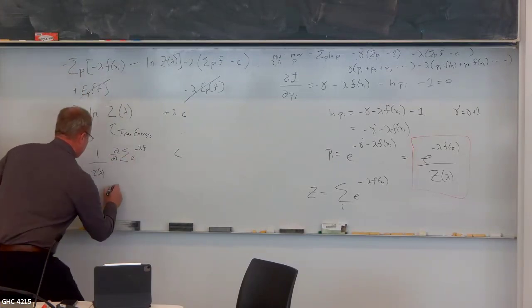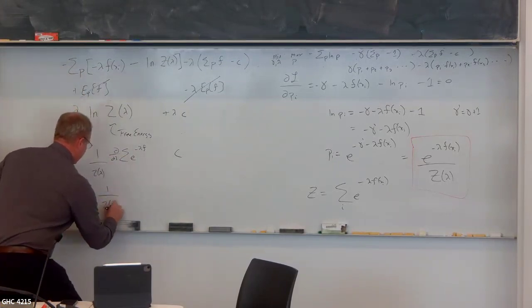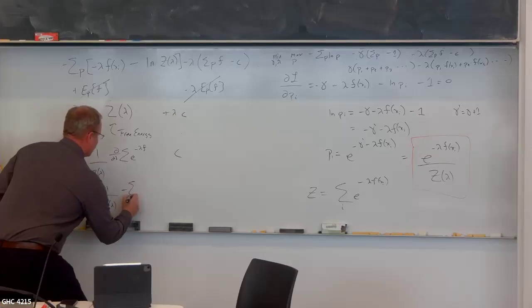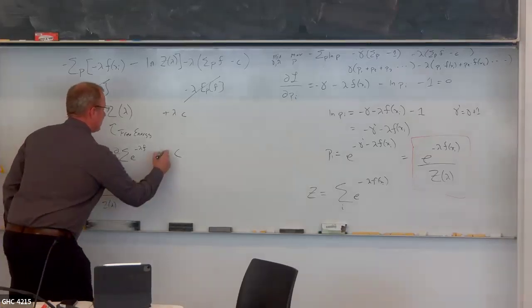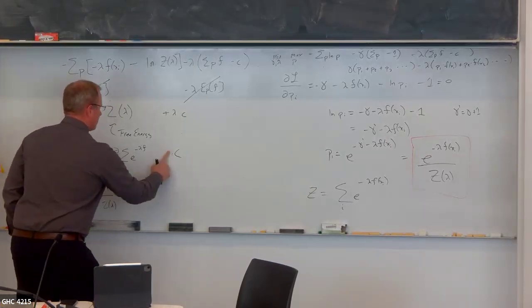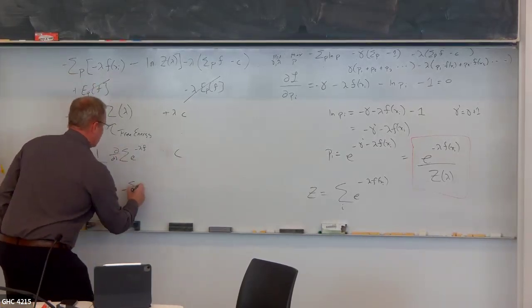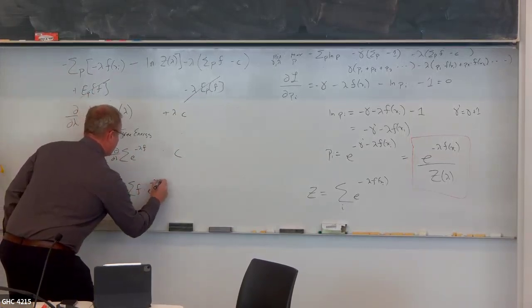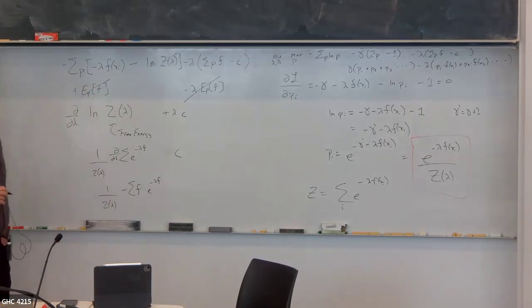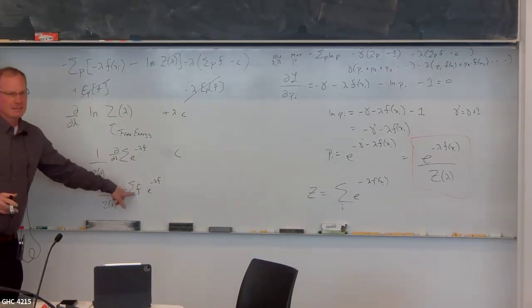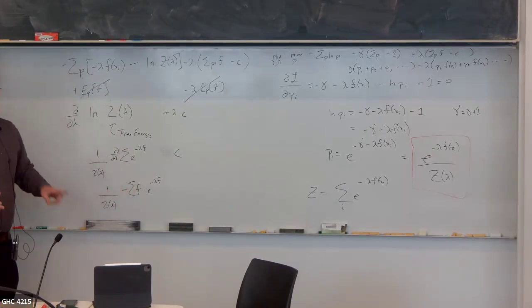So this thing is equal to 1 over Z(lambda) times minus, and that minus sign is making me very happy. Oops, I already computed the gradient of this, right? Minus f times e to the minus lambda f. Great. Does this look like anything? If I rearrange this slightly, what is this? Expectation. Yes.